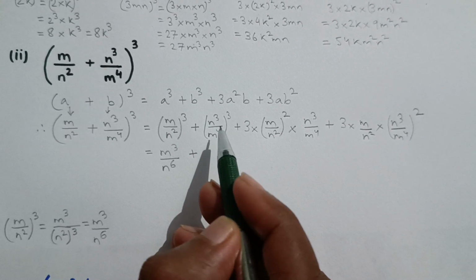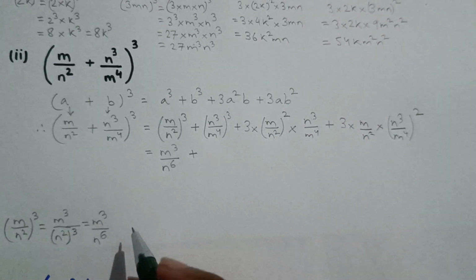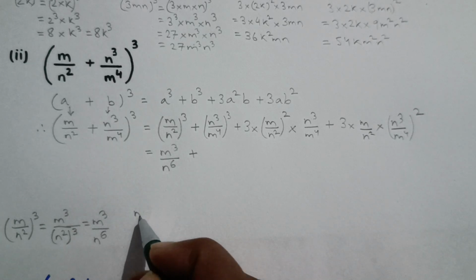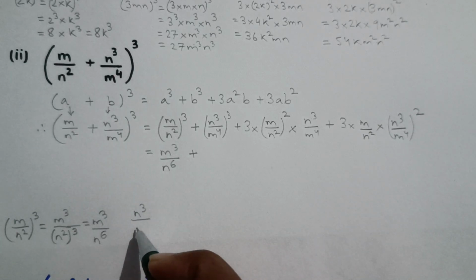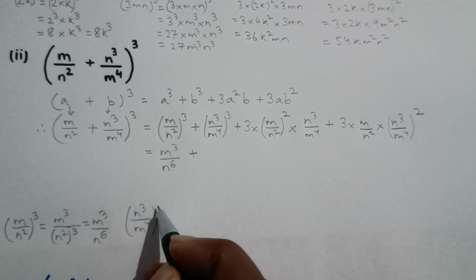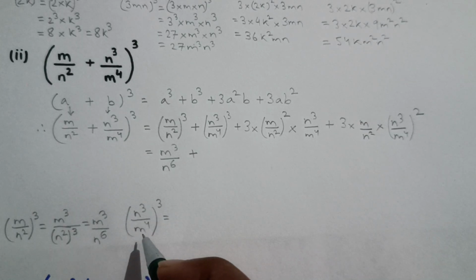Now how much is (n cube upon m to the power 4) whole cube? Let us do the working over here. So n cube upon m to the power 4, this is whole cube. So use your knowledge of exponents.